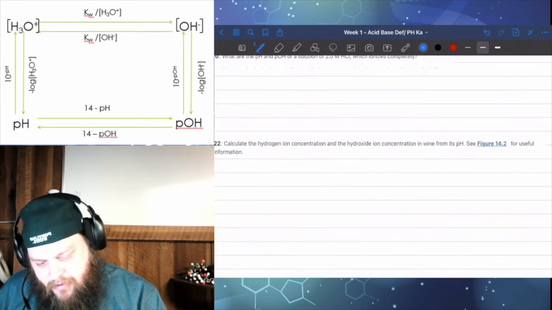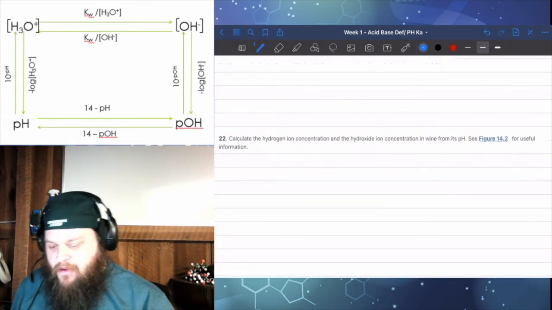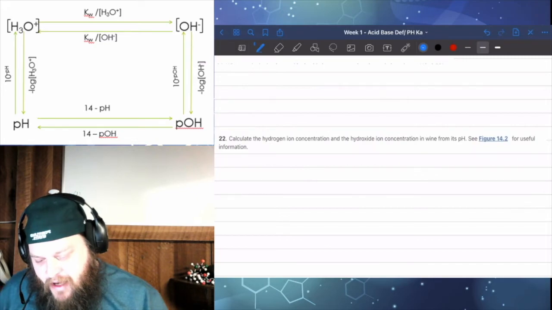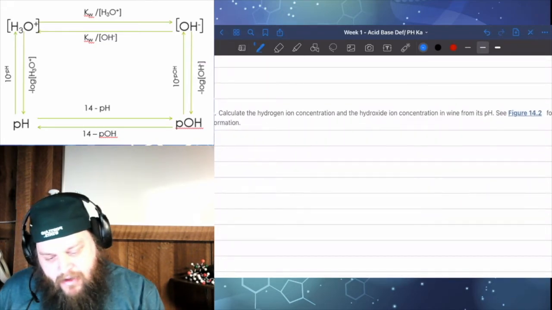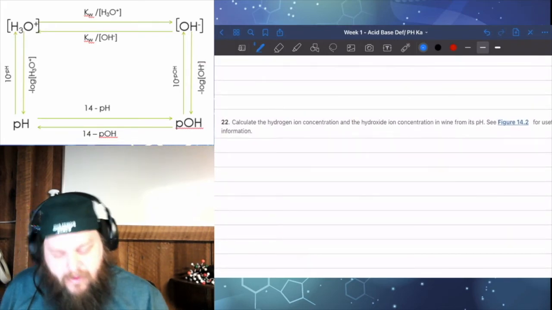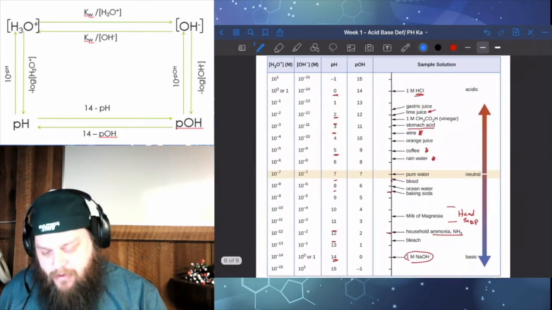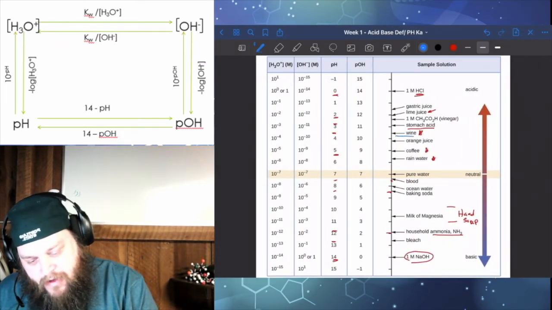Let's jump ahead real quick to 22 because I only have about 5 minutes left. We're going to calculate the hydrogen ion concentration and the hydroxide ion concentration in wine from its pH, looking at figure 14.2. So 14.2 is this nice scale here, and we said wine is right up in here.